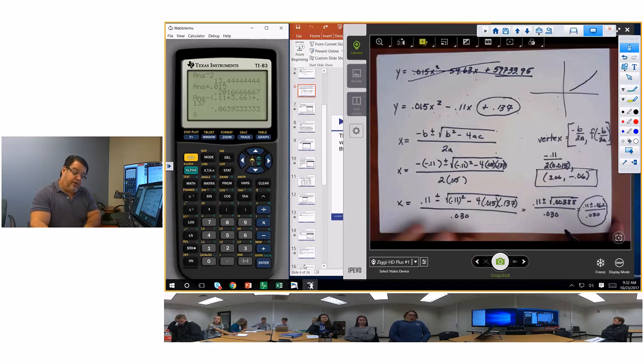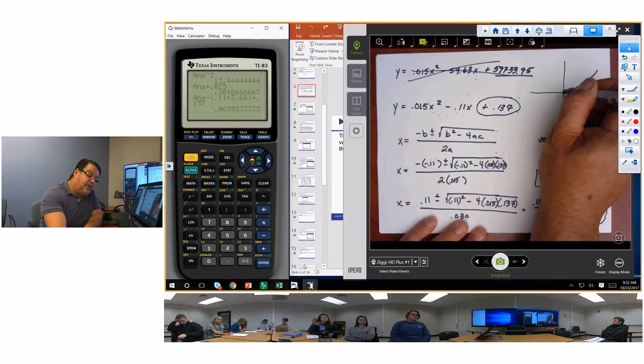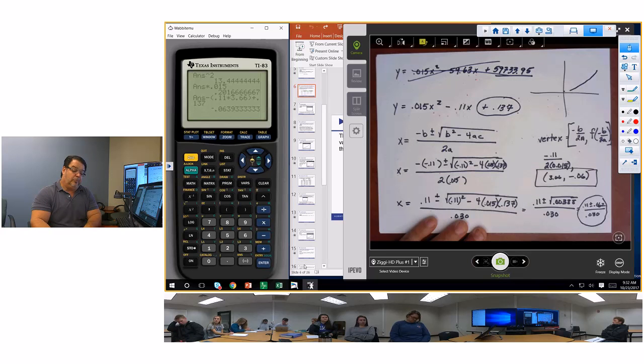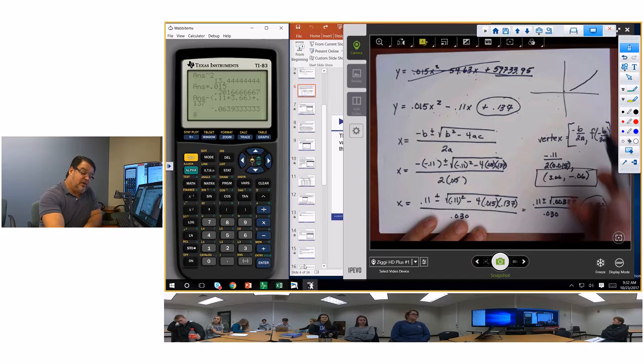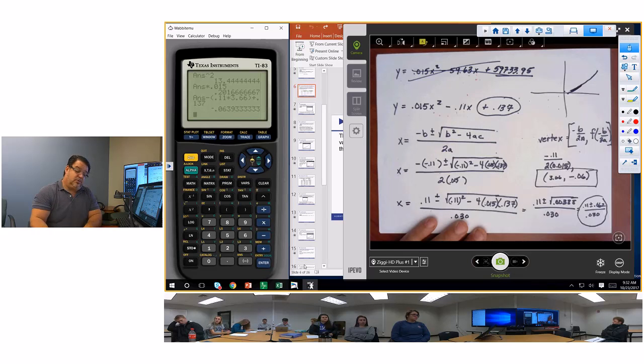And then we also know that it's crossing at these two intercepts, and it's also crossing at 0.137, which would be right in there. The vertex is 3.66 and negative 0.06, so it's down here somewhere. I don't have it drawn correctly, but anyway, it's doing something like that.